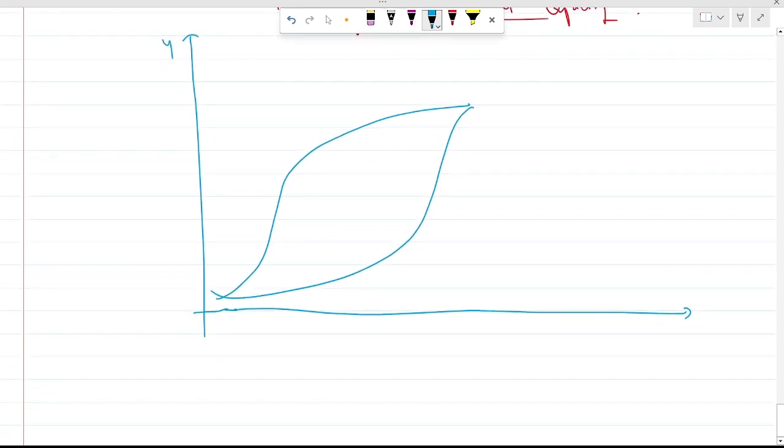Important points to see here: this graph going upward is during inspiration. On the y-axis we have our volume, on the x-axis we have our pressure. Pressure increases, our volume increases during inspiration. This downward graph is during expiration.